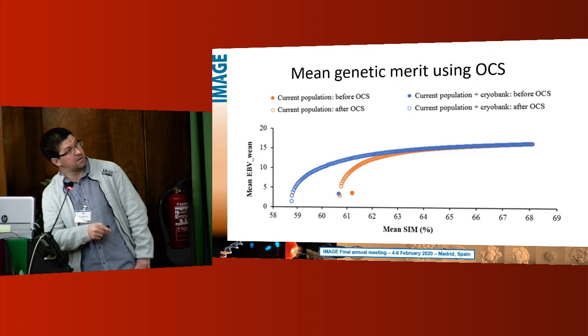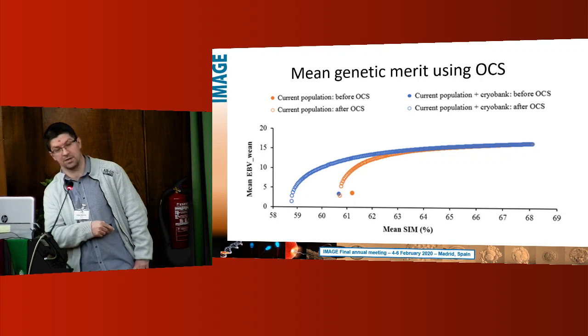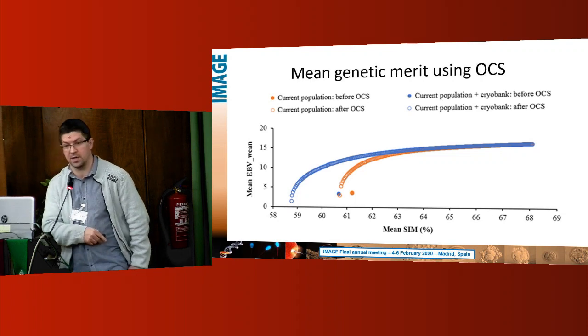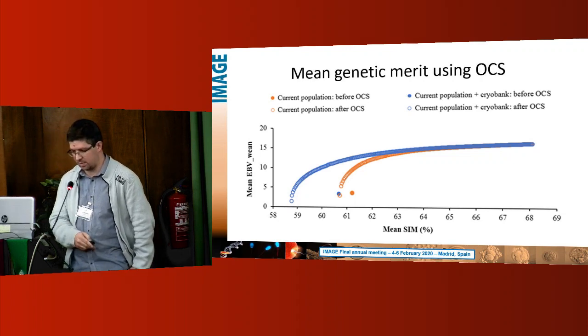And then in blue, there is the current population plus the cryobank materials. So basically what we are seeing is that we arrive at specified estimated breeding value levels, but also that we are better off with the diversity parameters.